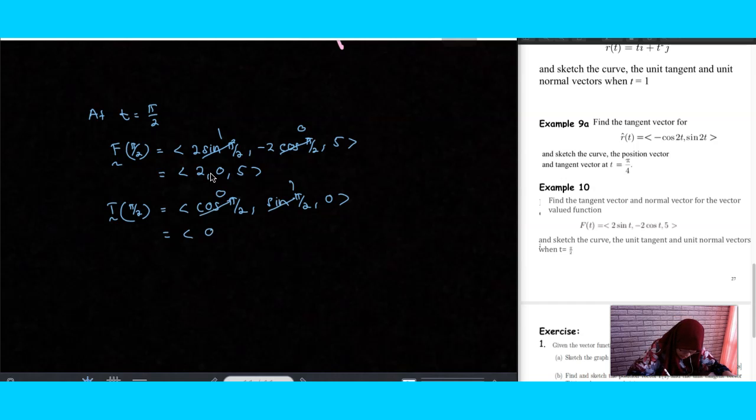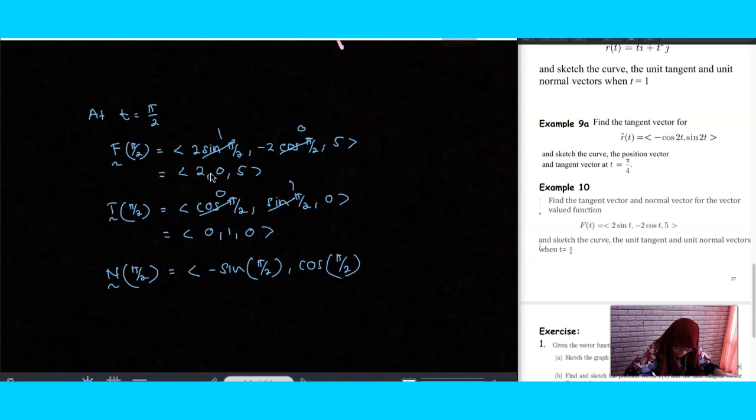So we got 0, 1, 0. And then your N at pi over 2. So your N just now you obtained negative sine pi over 2, cos of pi over 2, 0. So this is 1, this is 0. So we obtain minus 1, 0, 0.